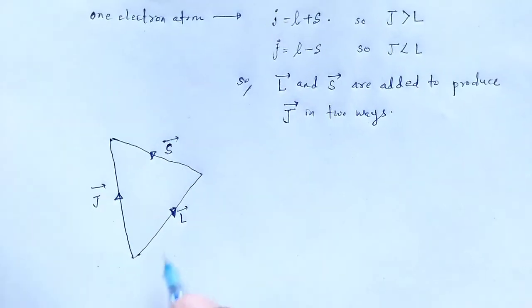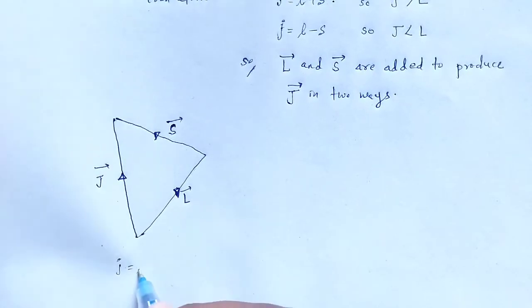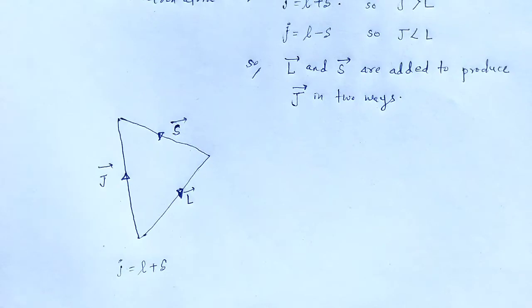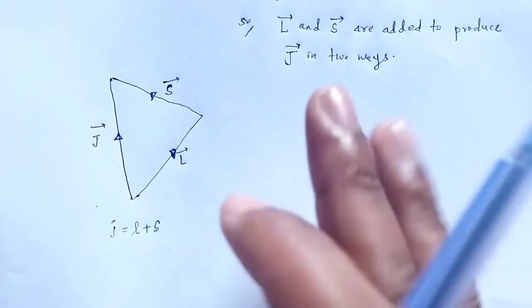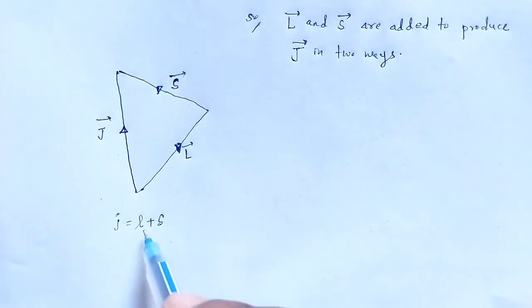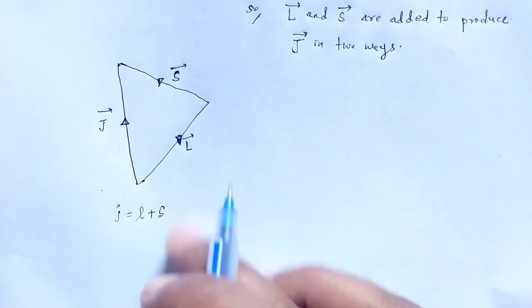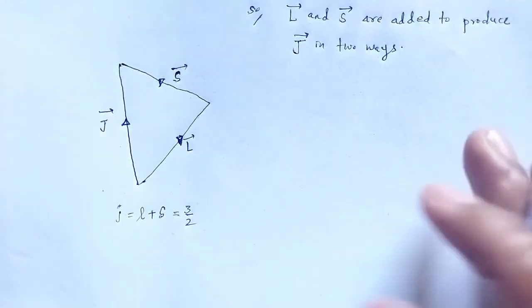For the case of small j, the sum of L plus S, we consider a one electron system. So putting the values L equal to 1 and S equal to half, that will be 3 by 2.